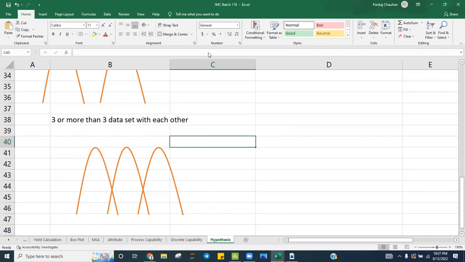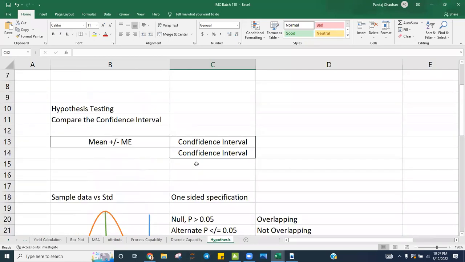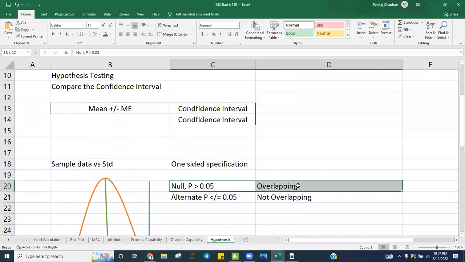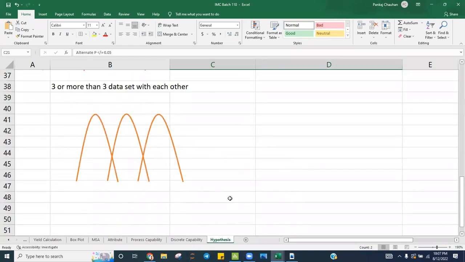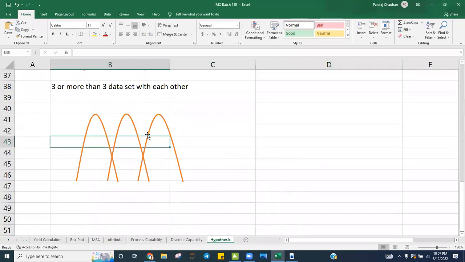Yes, please. What is your question specifically? I was saying that when null was mentioned, if you can move the cursor up. For null, I said overlapping. For alternate, I said not overlapping. Yes. So here 1 and 3 are not overlapping. Okay. So the condition is everyone has to overlap with everyone, in every data.